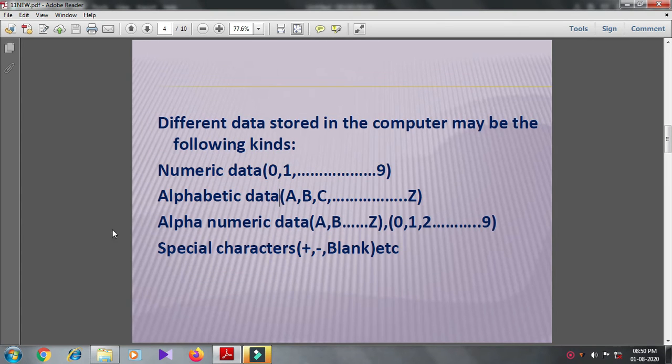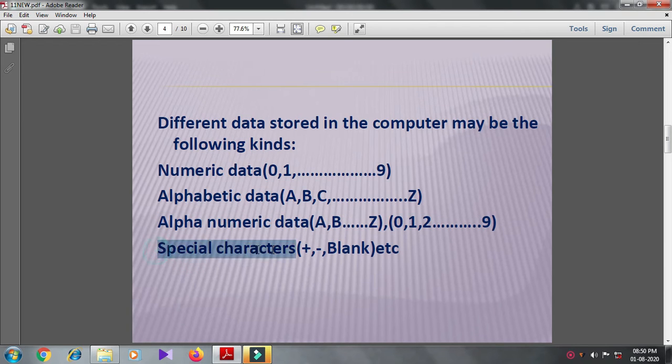Different data stored in the computer may be numeric data, such as 0, 1, 2, 3 up to 9. Alphabetic data, capital A, B, C, D up to Z, or small letter a, b, c, d up to z. Then alphanumeric data, A, B, C, D up to Z and 0, 1, 2, 3 up to 9.